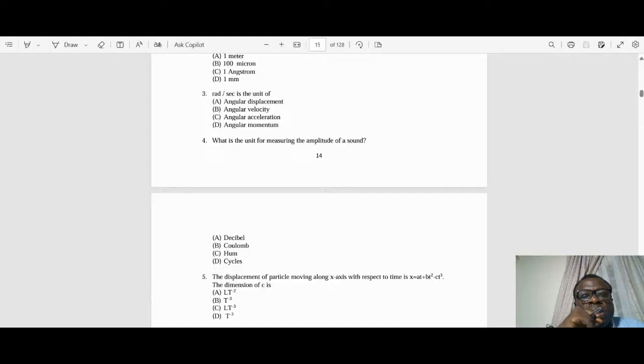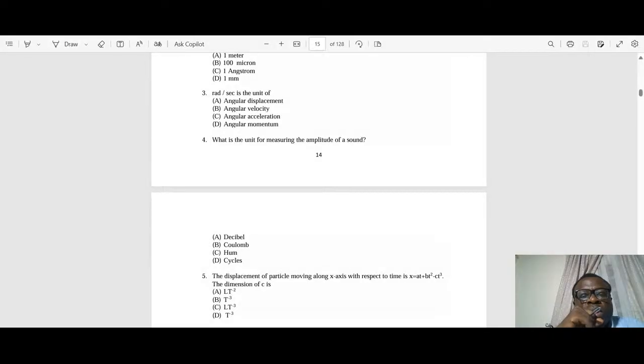Let's look at question 4. What is the unit for measuring the amplitude of a sound?